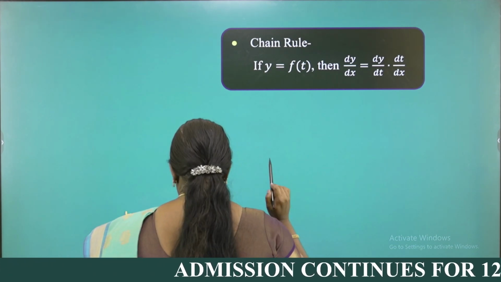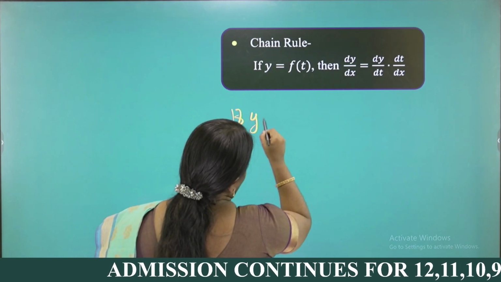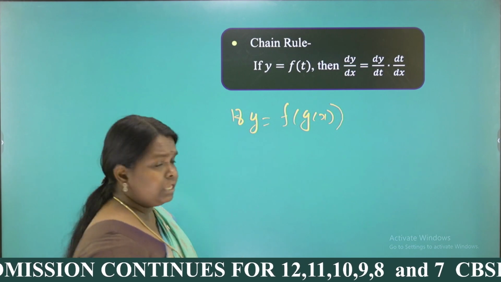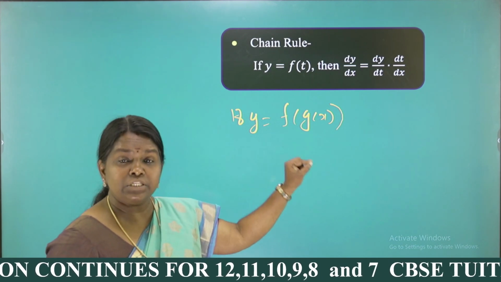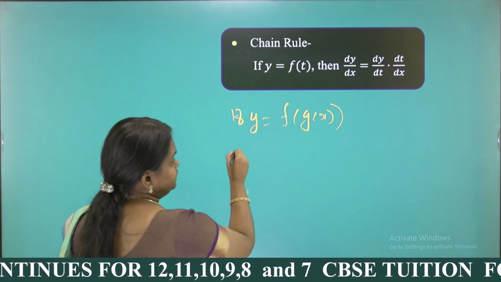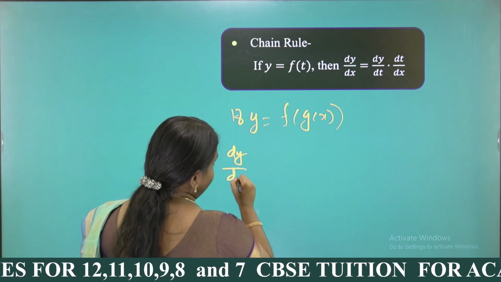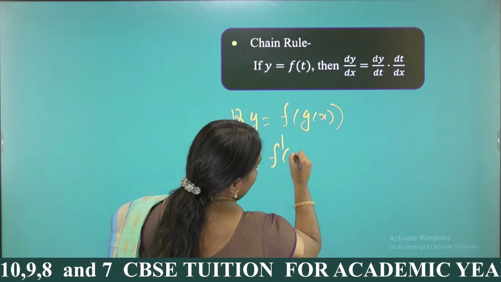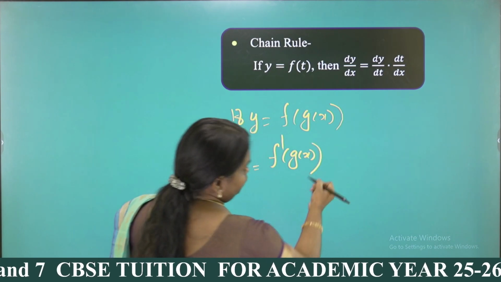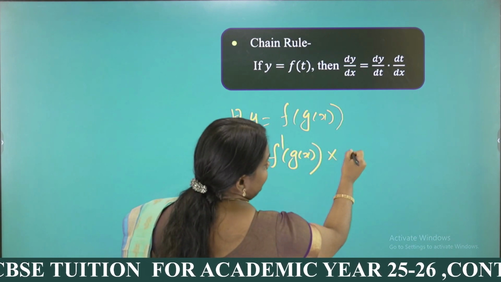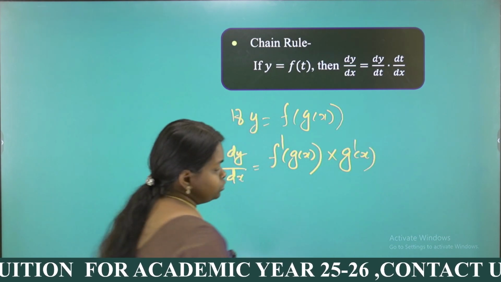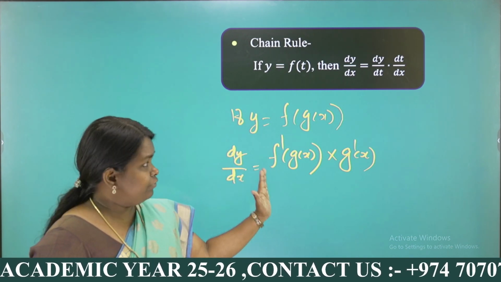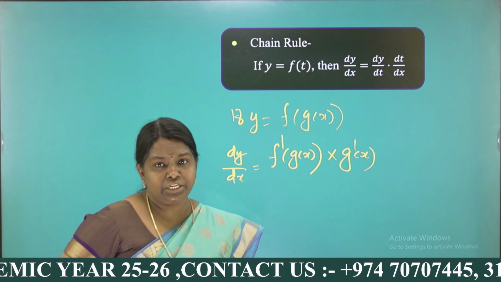See, if y is equal to f of g of x, then what is dy by dx? It is equal to f dash of g of x into g dash of x.